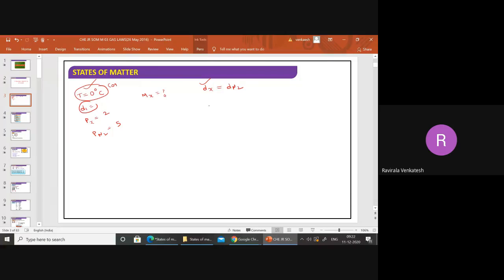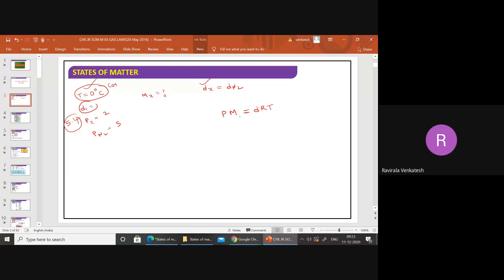And we have a formula. What is the formula? Does anybody remember this formula? PM is equal to DRT. PM is equal to DRT.